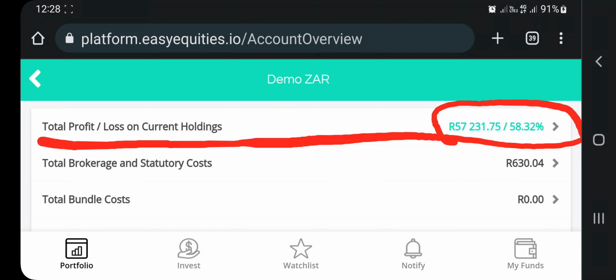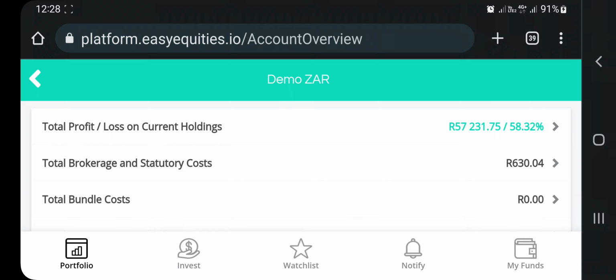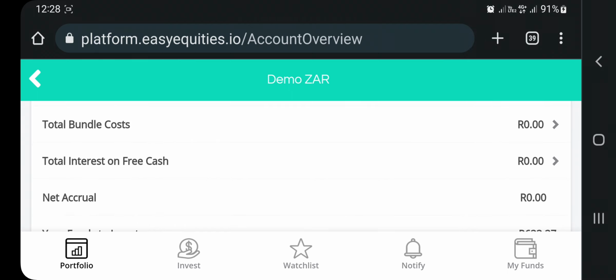If it was a bank, I was going to call it bank charges. So these are similar to bank charges, if I'm not mistaken. On this one, please correct me if I'm wrong. Okay, yeah.